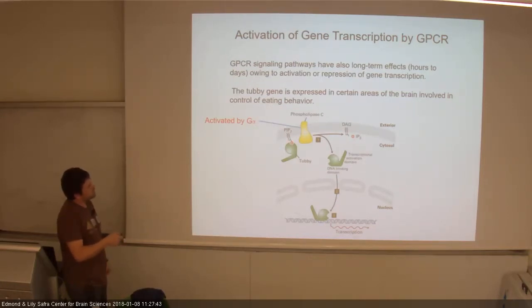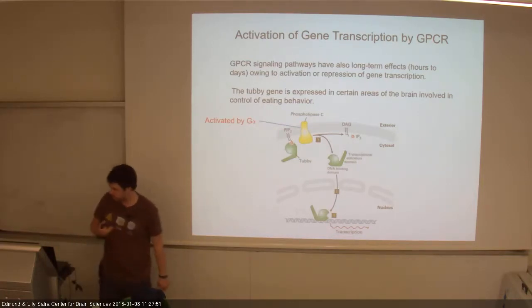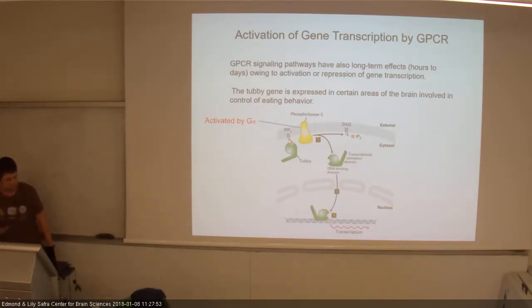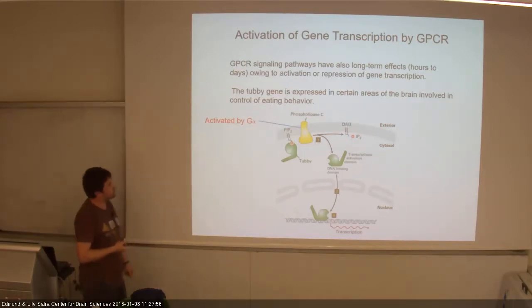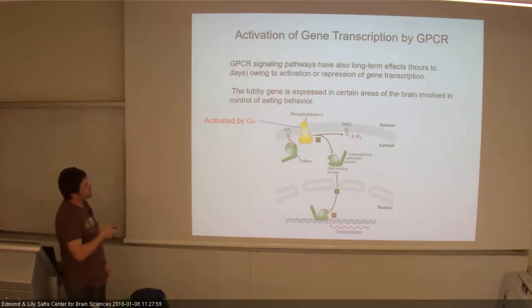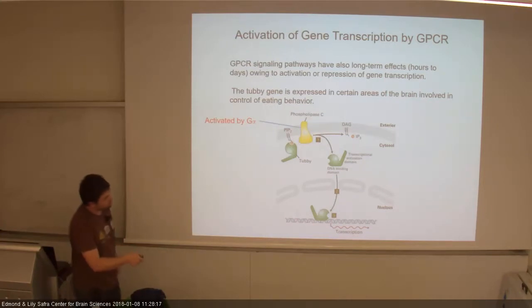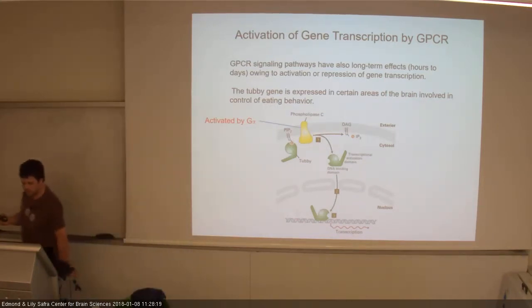What happens is that signals related to feeding behavior, like leptin or other molecules, activate a type of receptor that activates G proteins, and these G proteins activate an enzyme called phospholipase C. The phospholipase C will cleave this anchor from the TUB protein, and the TUB protein can now diffuse inside the nucleus of the cell, bind to DNA, and cause transcription of genes that are related to feeding behaviors.